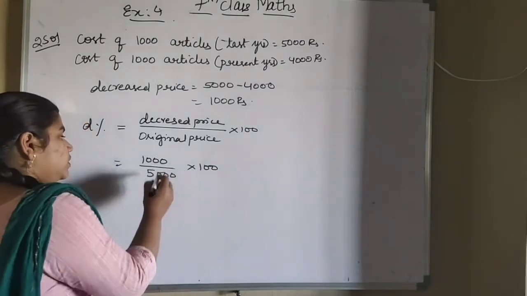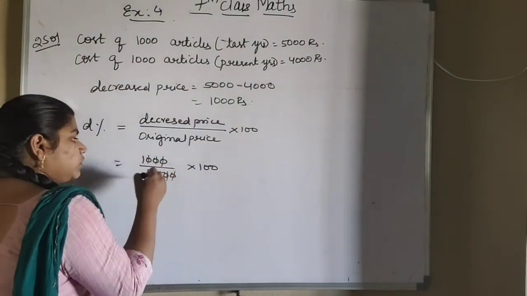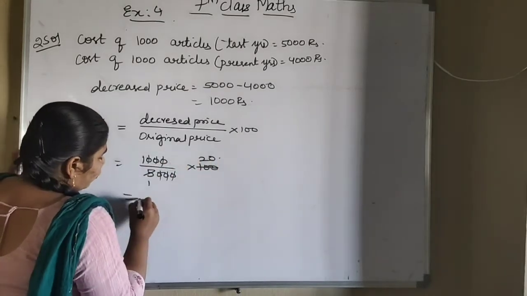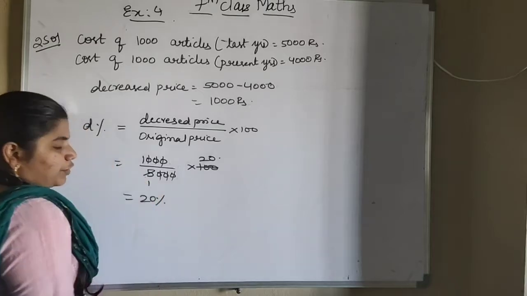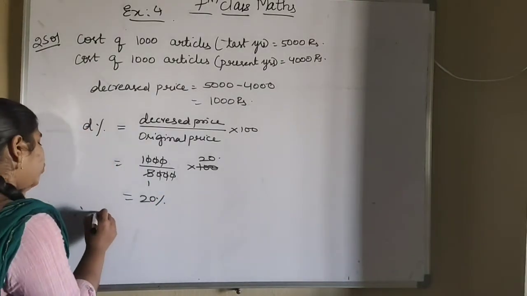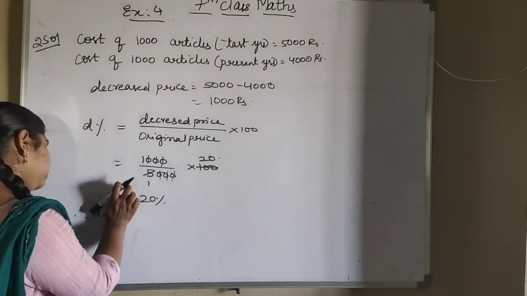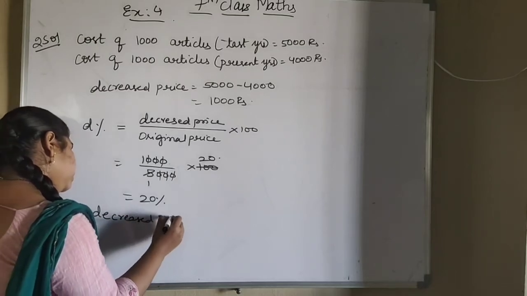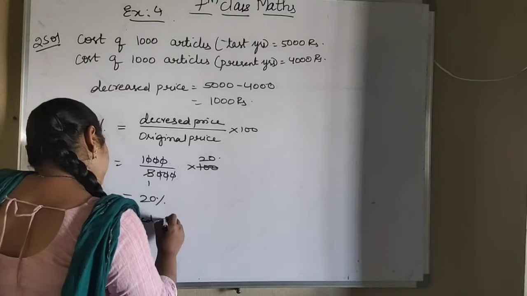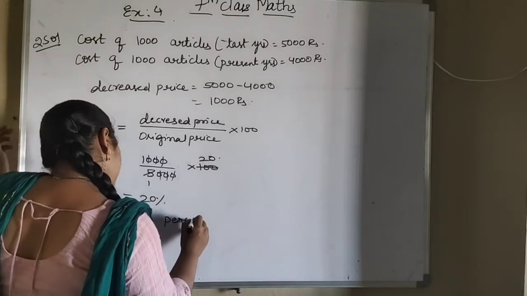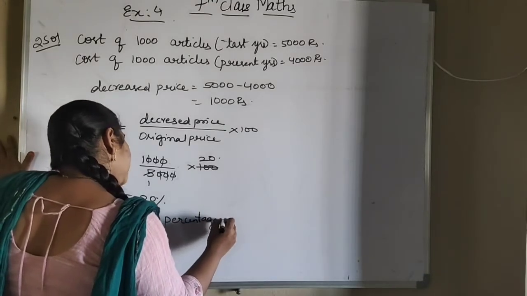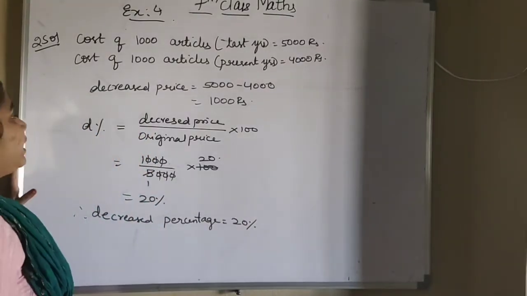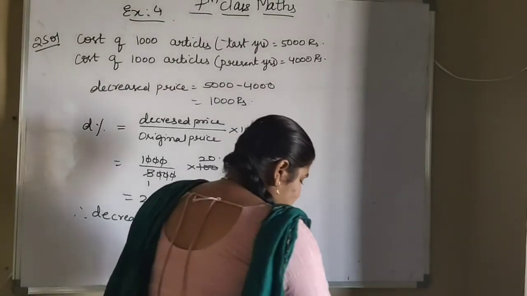Okay, now the zeros will get cancelled. 5 ones are, 5 20s are. So what is the decreased percentage there? 20%. Therefore decreased percentage is equal to 20%. So this is our second solution. Next is the third one.